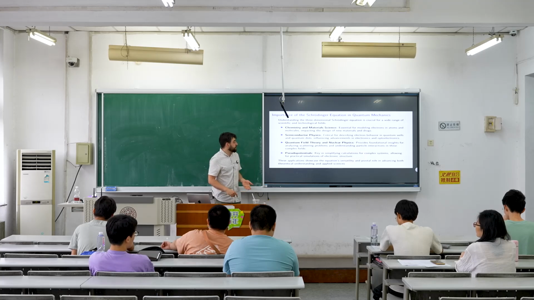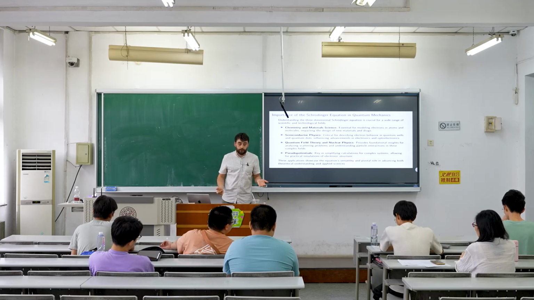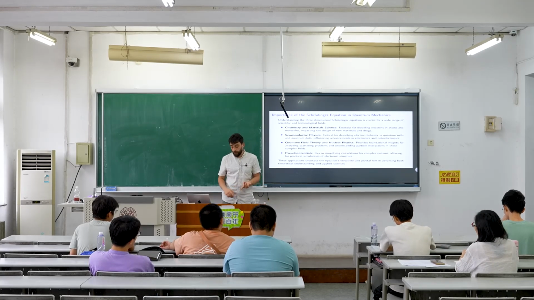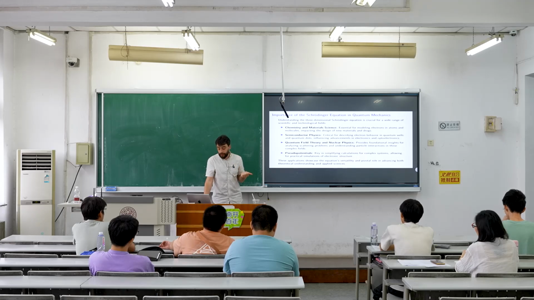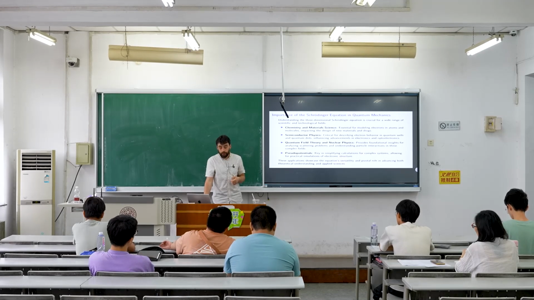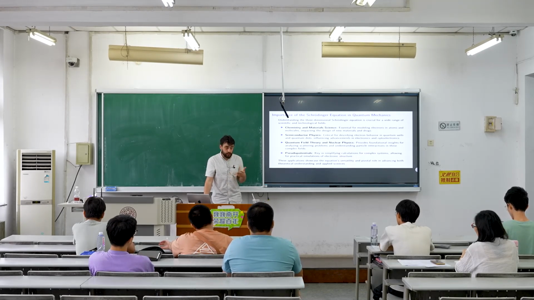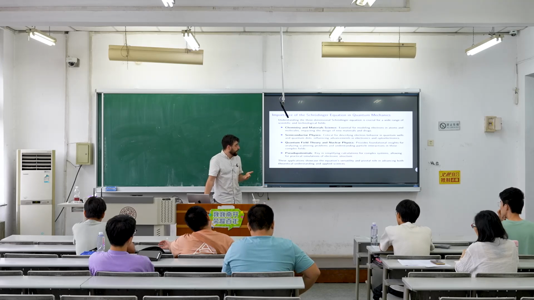Right, so let's just talk more generally about what the Schrodinger equation is useful for, what quantum mechanics is useful for. In chemistry and material science, we need quantum mechanics to be able to predict bond strengths. We need to be able to predict the geometry of molecules.